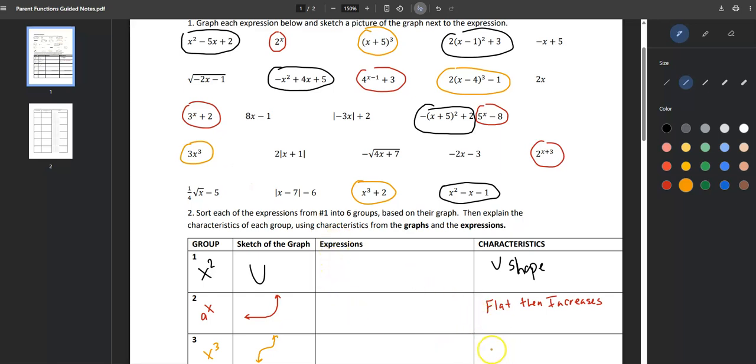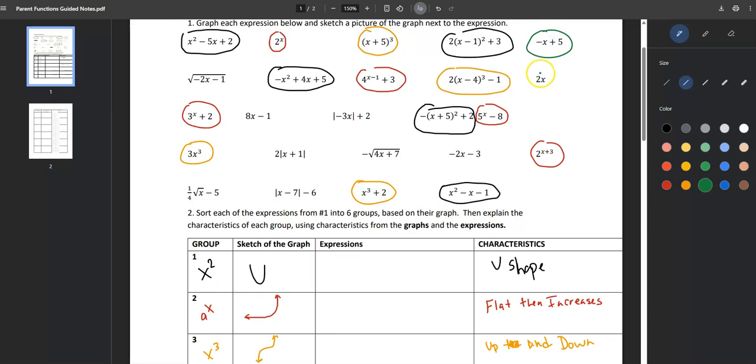So again, this one goes up and down with a little wiggle, because sometimes it can be going the other way. Again, you guys can just explain these characteristics however you have them as well.